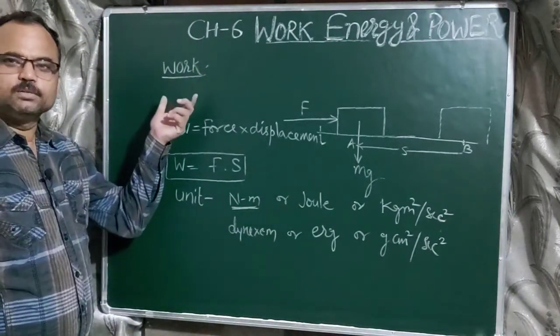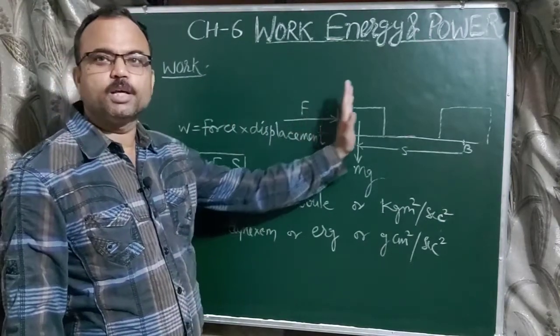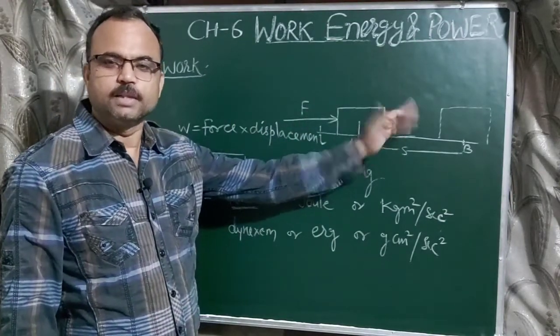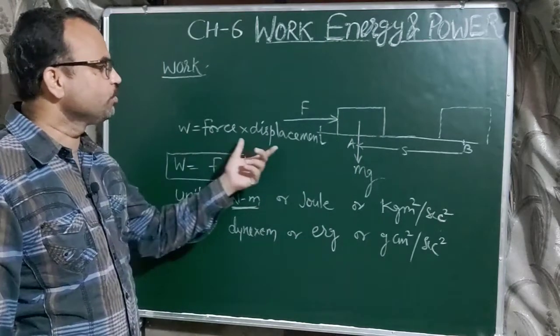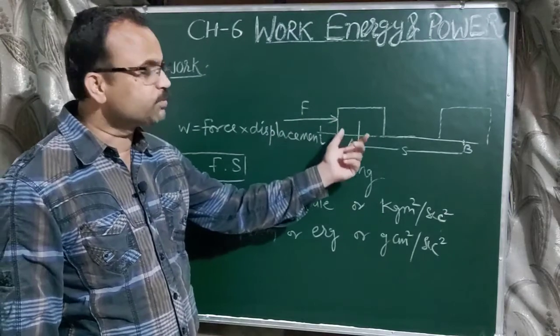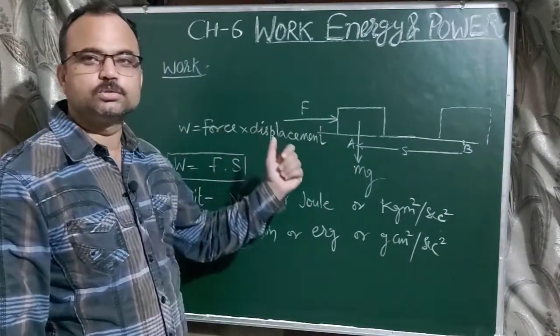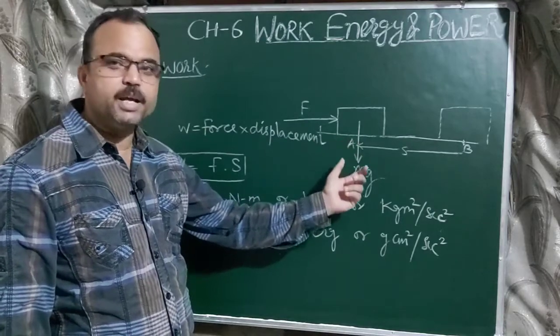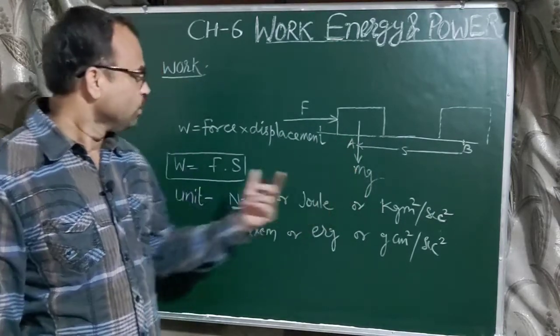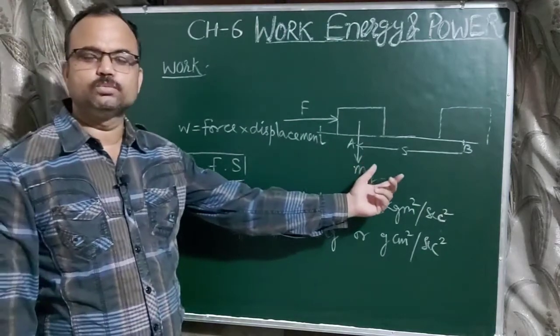So what is work? On applying a force, if the body displaces from its own position, then we can say that work has been done. The main important thing is that the body should displace from its own position. If on applying force, the body maintains its position of rest, then work done will be zero, because displacement is zero.